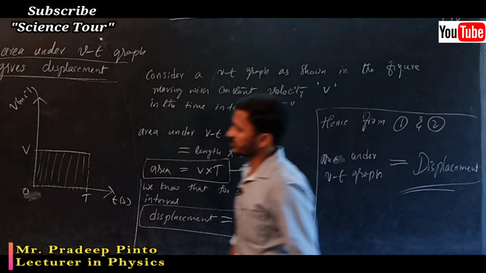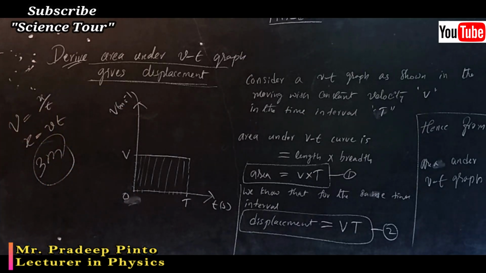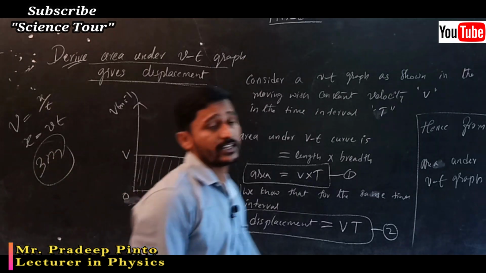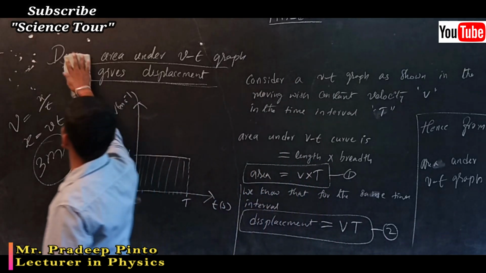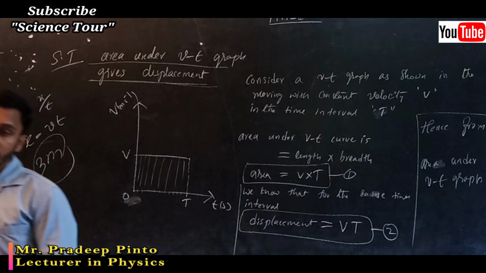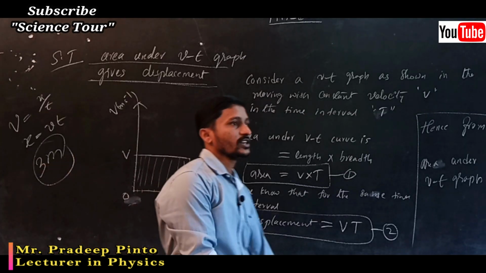This is a very important question for 3 marks in your board exams. They can ask in different ways: show that area under the vt graph gives displacement, or prove that area under the velocity time graph gives displacement.